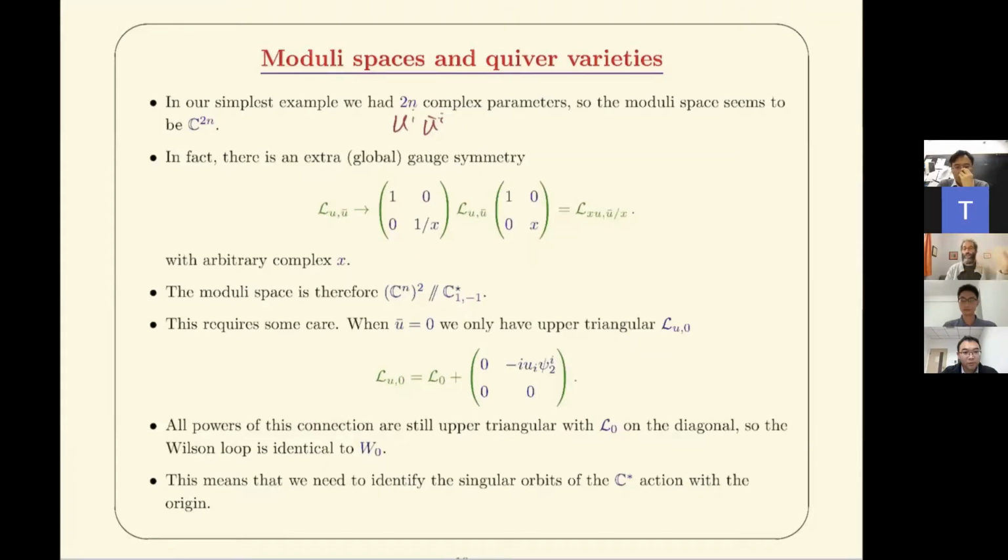The Wilson loop is a product of these L's. So in every product, once I take the trace and so on, this X will disappear.